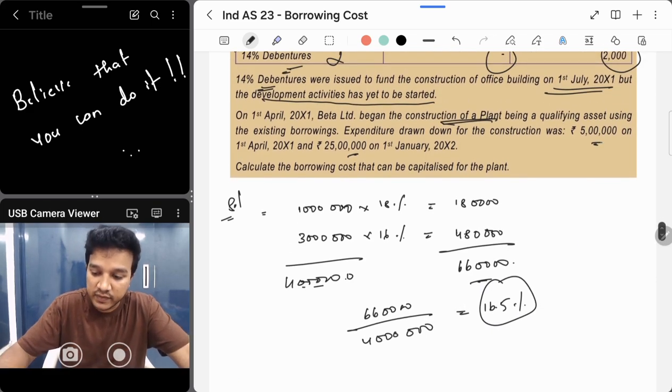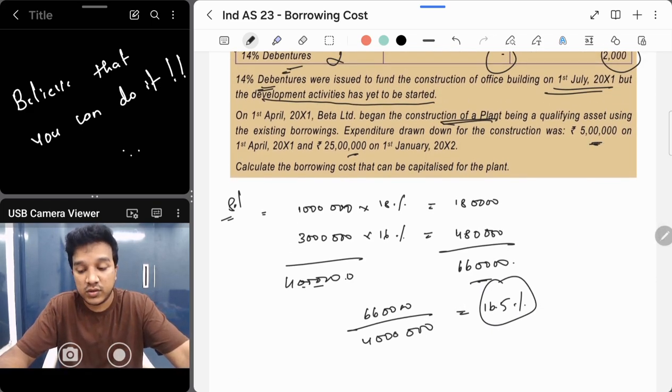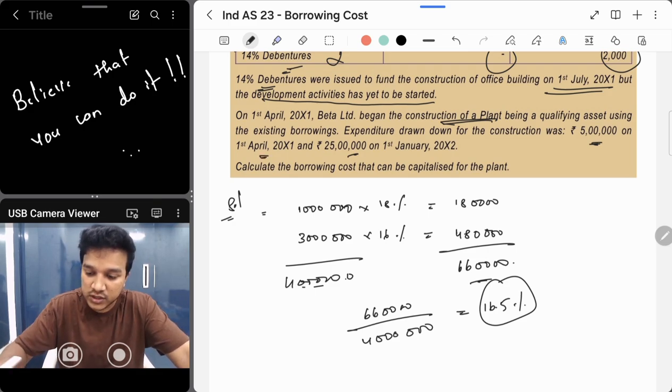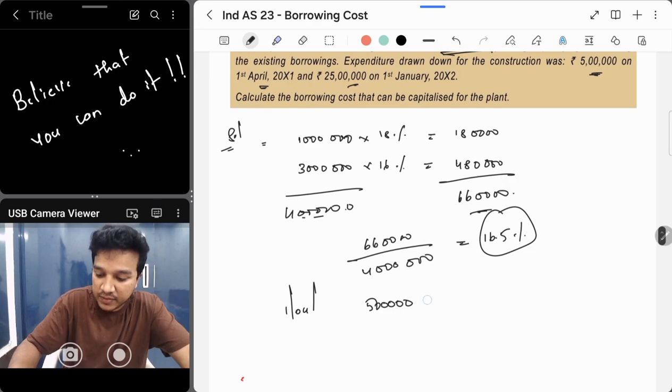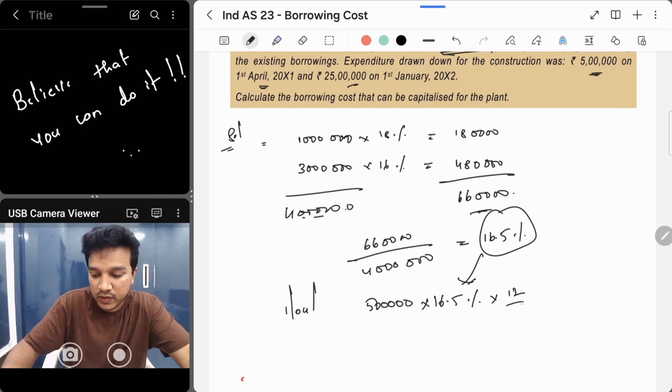So this rate we will apply to these specific cost. Now this cost has been incurred for qualifying asset. तो 1st April को this is for 1st April 5 lakhs हुआ. तो 1st April 5 lakhs incur हुआ. Okay, now we have a capitalization rate, this one 16.5%. This is for entire year, so that's why this is 12 by 12 because it has incurred on 1st April.